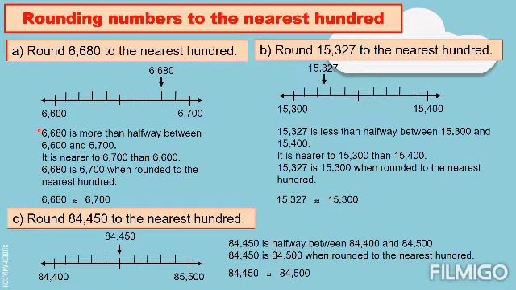So we have here 6,600 and 6,700 in the number line. So very obvious also here that this number in the problem is more than halfway between 6,600 and 6,700. So therefore, class, this number in the problem is much closer to 6,700.